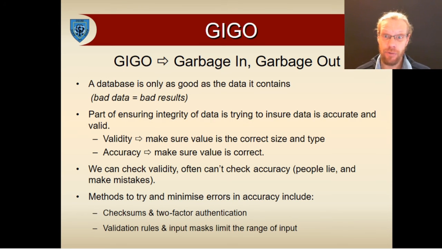Limiting the range of what people can enter using validation rules, which are tests to make sure the data is valid, and input masks, which force input to conform to specific criteria, also reduce accidental errors. Still, it's impossible to ensure 100% accuracy, which is why crimes such as identity theft are possible.